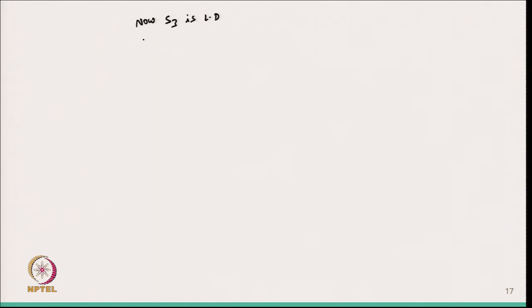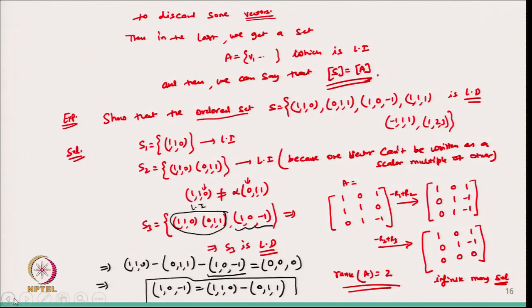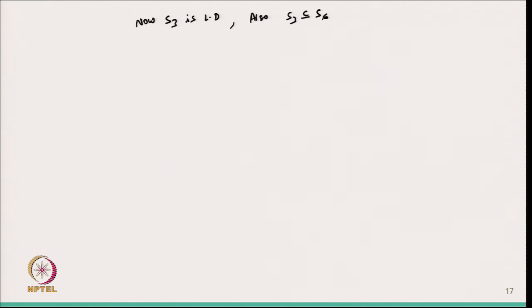Now, also S3 is a subset of S, because S contains the sixth element, let us call it S. And we know that if S3 is linearly dependent, then the superset of this is also linearly dependent.